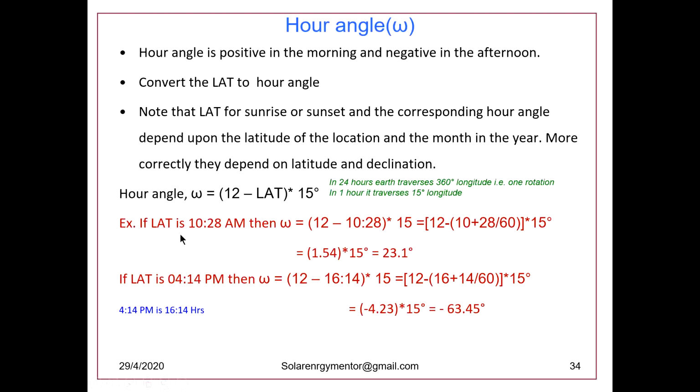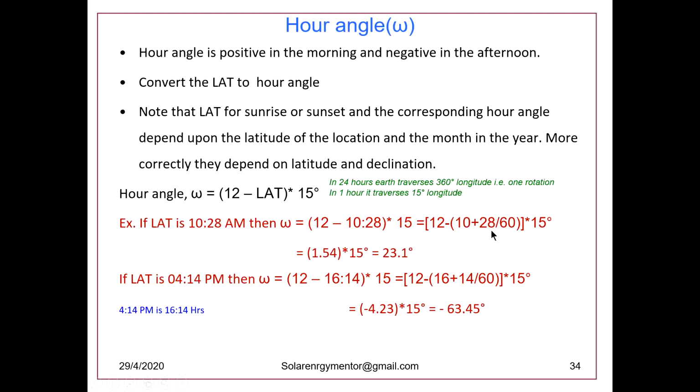So if LAT is 10:28 a.m., then what will be the omega? Omega is equal to 12 minus 10:28. Remember, this is not 10.28. This is not a decimal calculation. This is on the basis of hours and minutes. So 12 minus 10:28, into 15. We have to convert the 28 minutes into decimal, that is 28 by 60.